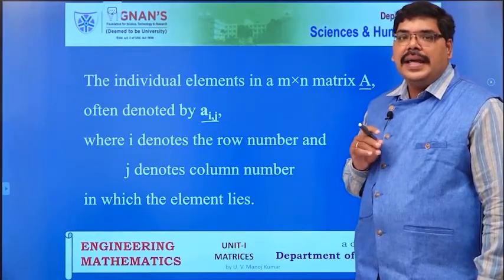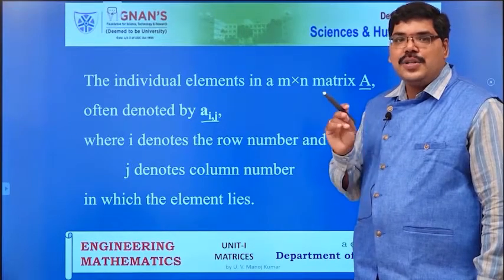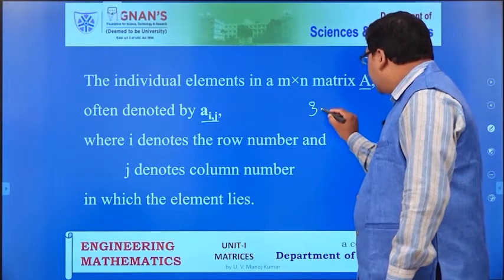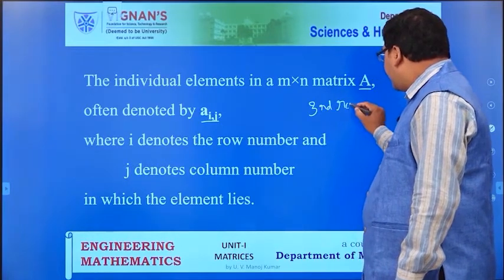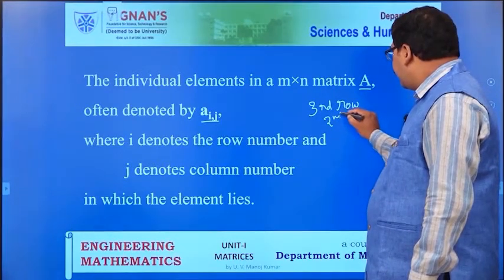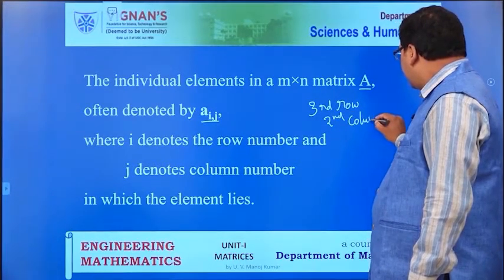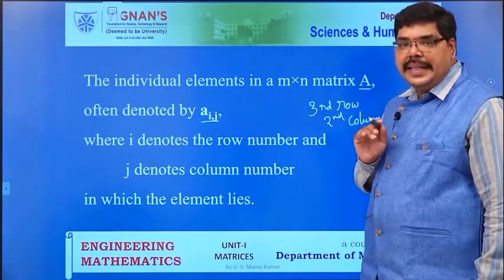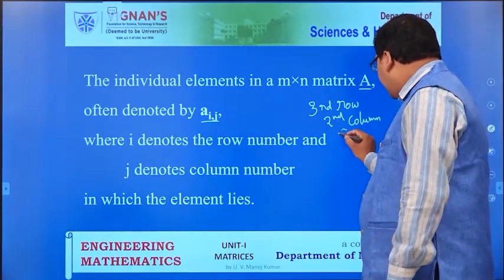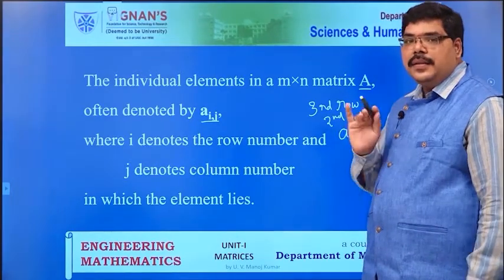Suppose an element is there in the third row, second column. Then we have to denote it by A 3 2.